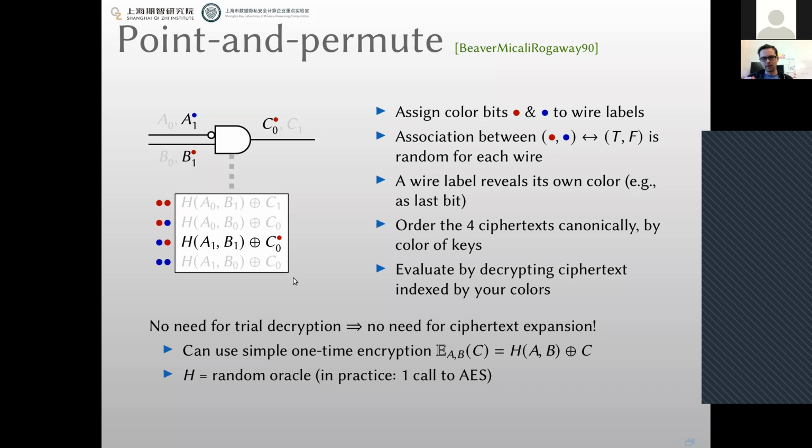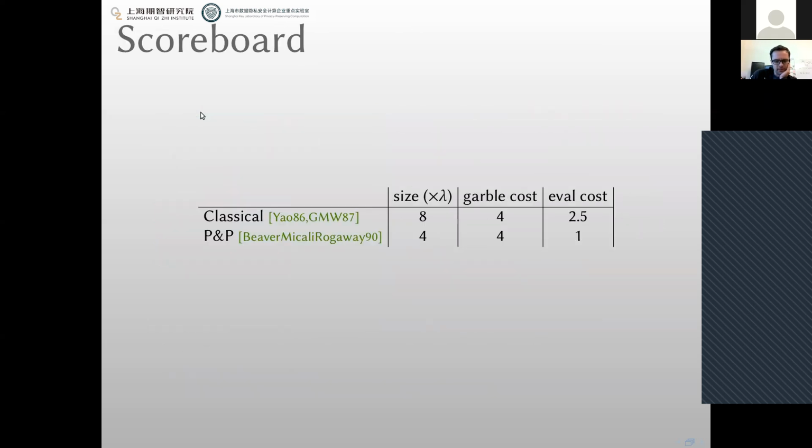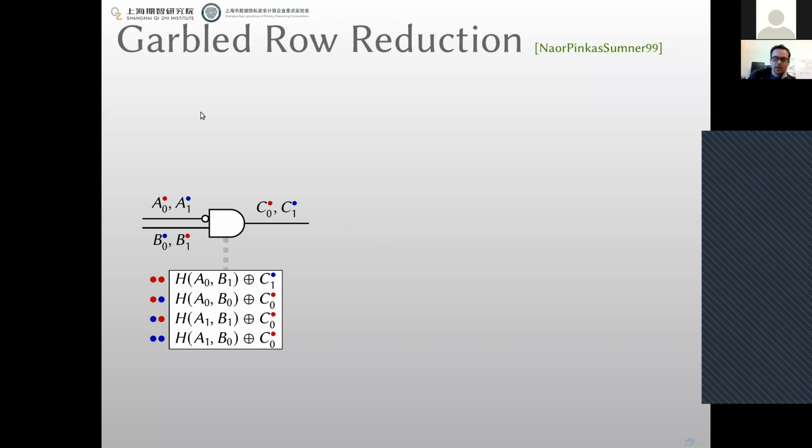And the items in the garbled gate have been permuted according to these colors. So that's why it's usually called point and permute. Sometimes people call them permute bits or pointer bits, something like that. So you may see them called different things. Okay, so here's a standard point and permute garbled gate for this particular gate.